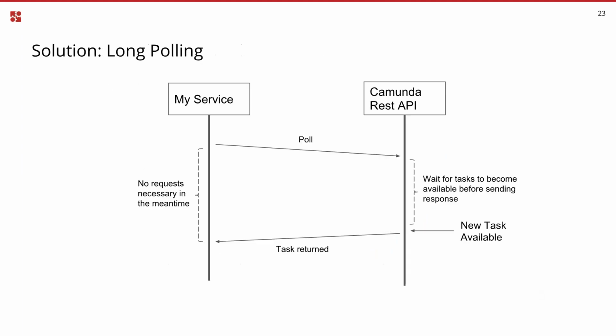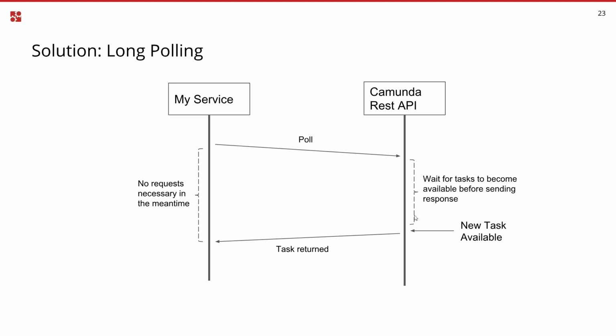The solution to this is, for example, the long polling pattern. This is what we have in the new Camunda BPM release, and it works the following way. Again, I have my microservice here. My service is going to pull, sending a request to the Camunda REST API. Now no task is available, and the REST API is not going to send back the response immediately. Instead, it's going to wait for a configurable amount of time.